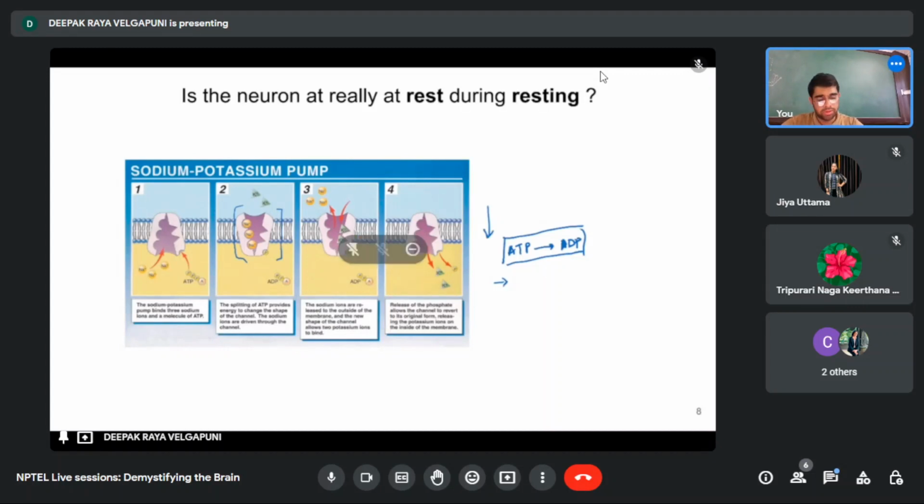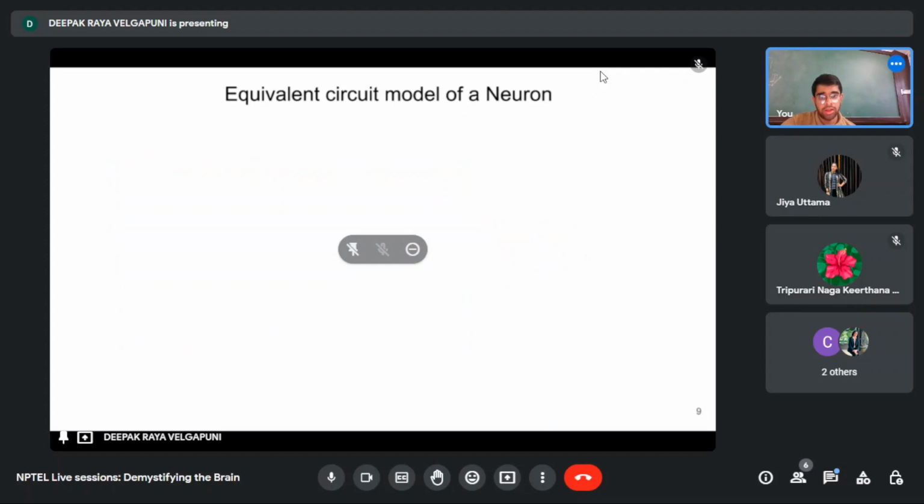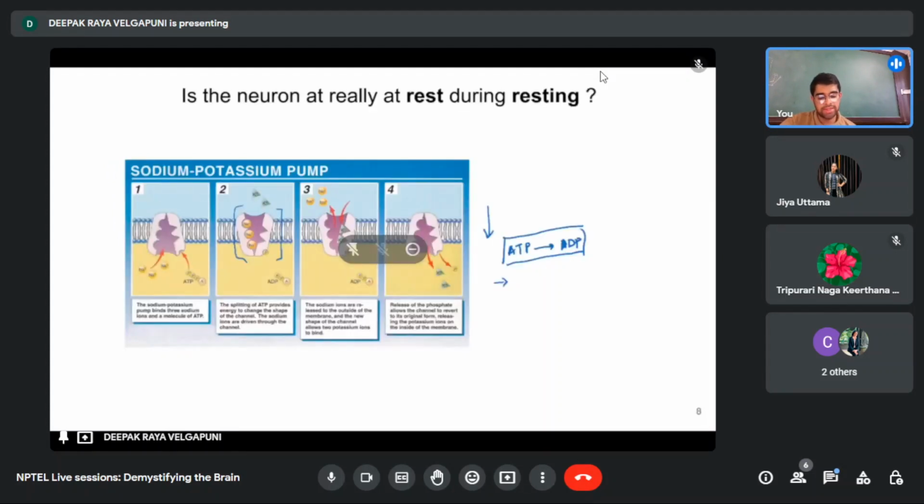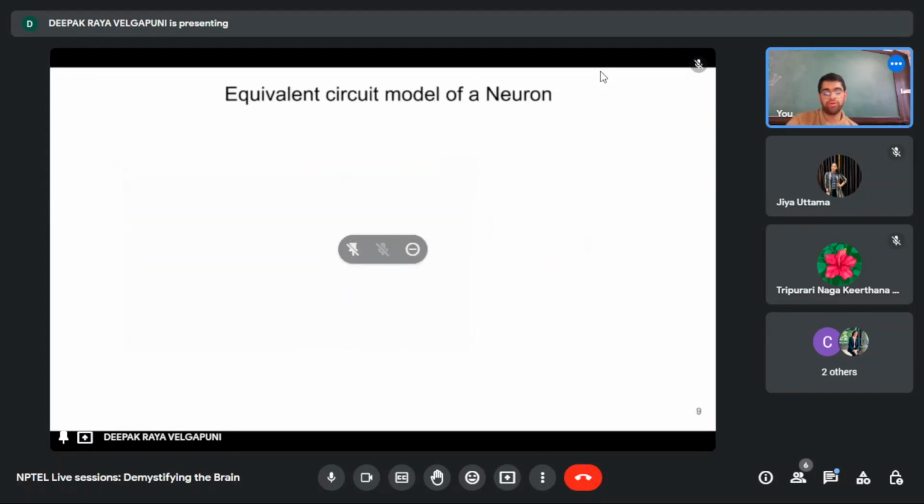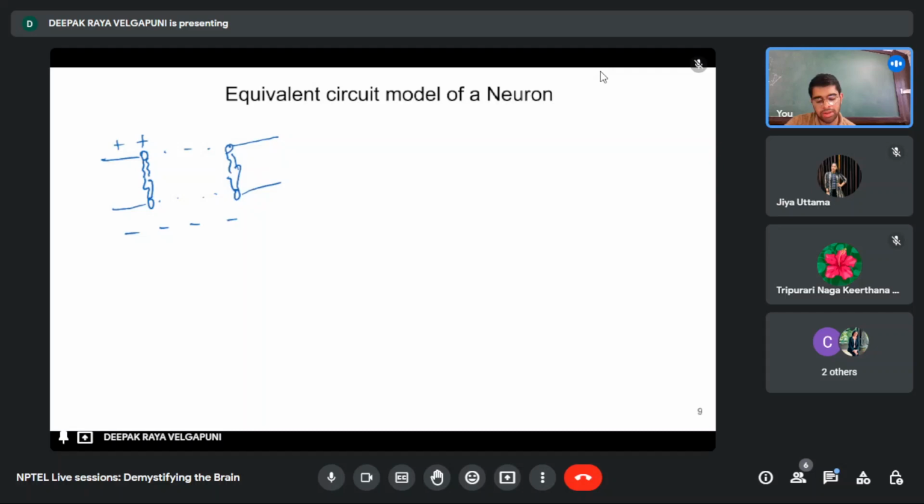Now let's see the equivalent circuit model of a neuron at rest. As you have seen in the lectures, we know the lipid bilayer. There is charge separation across the membrane, and this is like a capacitance device.